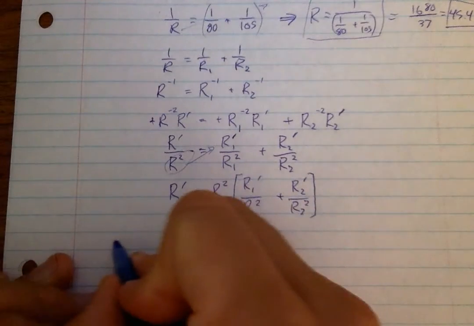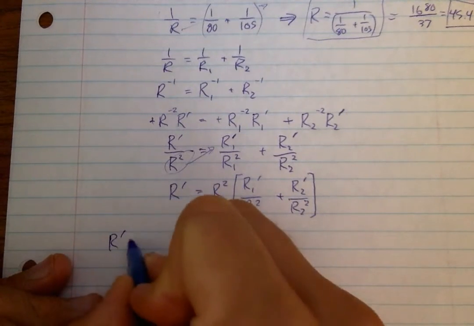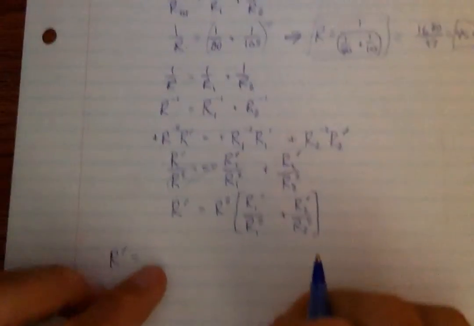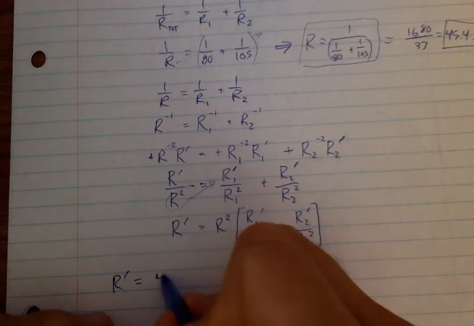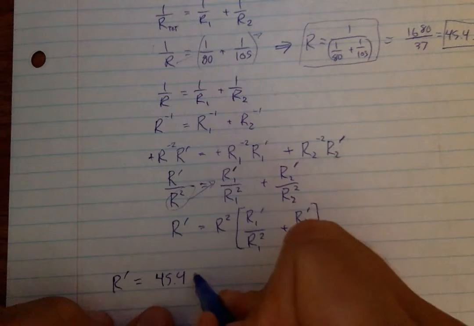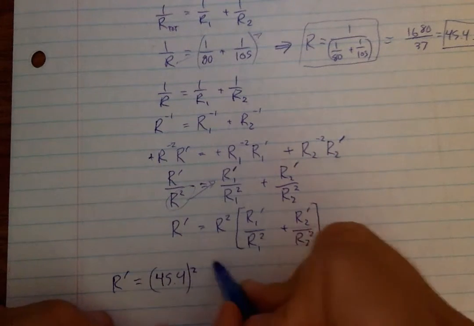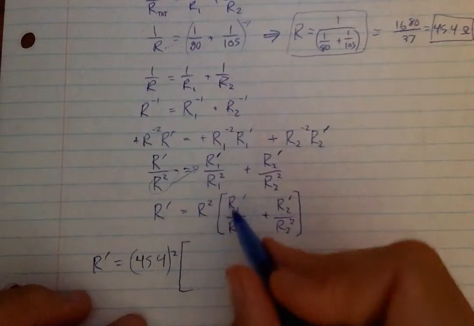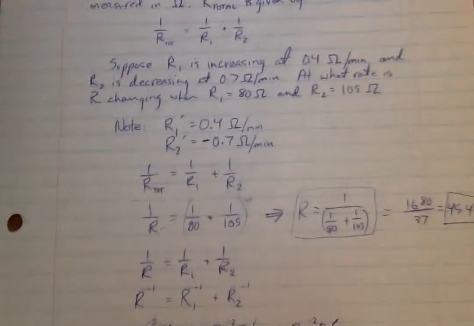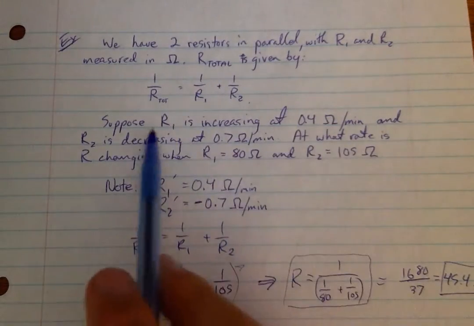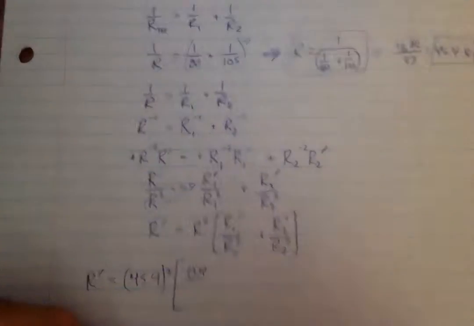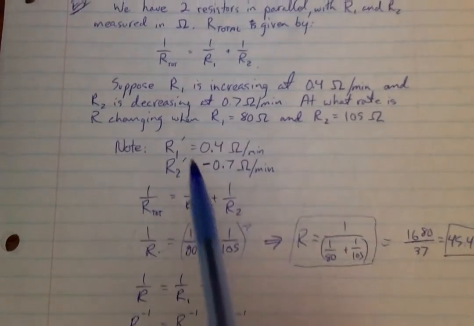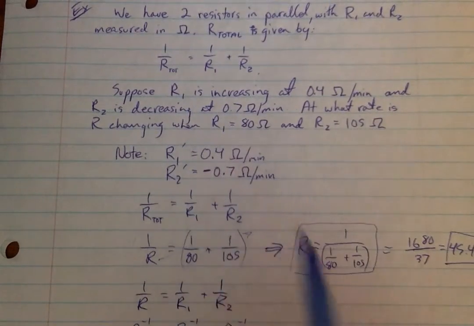And now we plug in. I'll leave us a little extra room here. R squared. What was R? We found it. It was 45.4 squared. And now, R1 prime. What was R1 prime? 0.4. 0.4 over, and then what was R1? Well, R1 was 80.